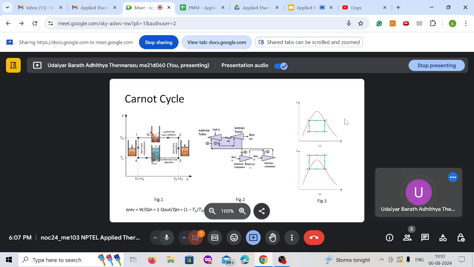And then again the fluids will be in a two-phase region for states 3 and 4. Even though it's in a saturated state at 1 and 2, 3 and 4 is a wet steam, for example, a mixture of liquid and vapor. So handling this in a turbine or a compressor is very difficult.